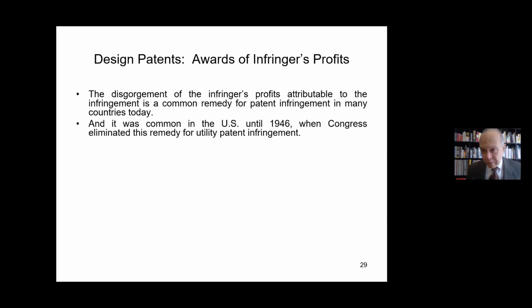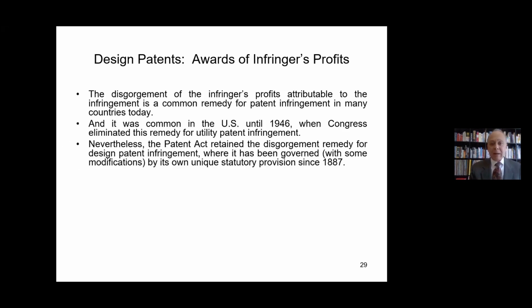Reasonable royalties were viewed as an acceptable substitute. But curiously, we retained the disgorgement remedy for design patent infringement, where it has been governed since 1887 by a standalone statute, Section 289.